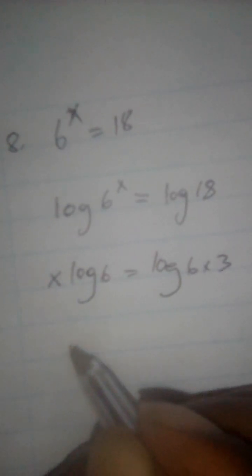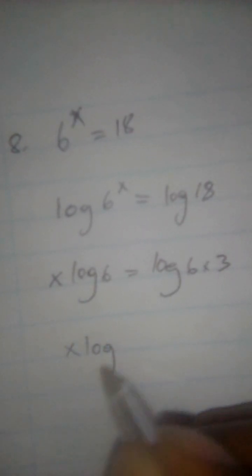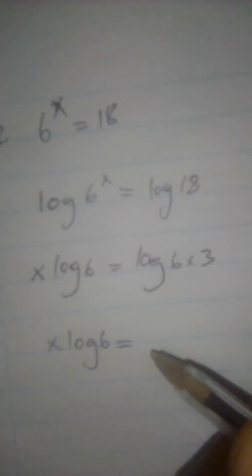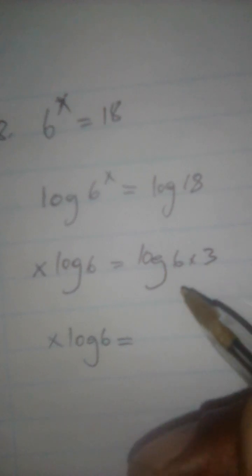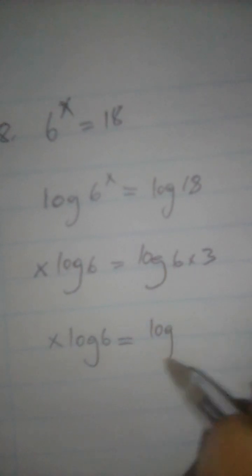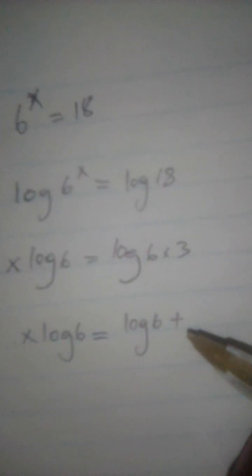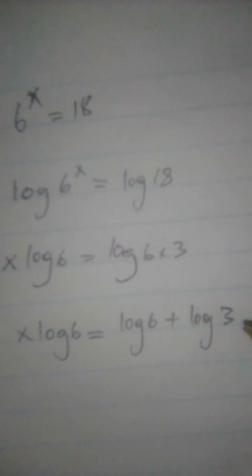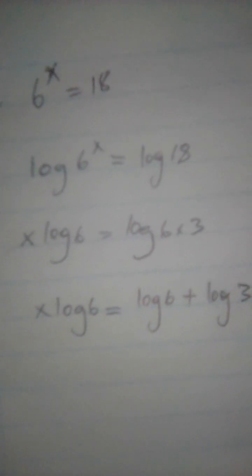So x log 6 equals, if I have something in the form of log a times b, it becomes log of 6 plus log of 3.